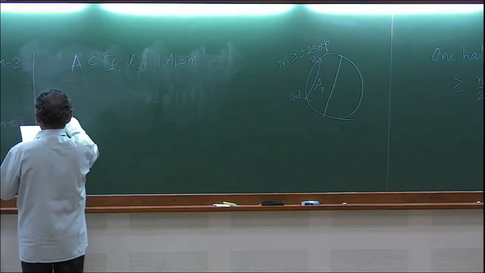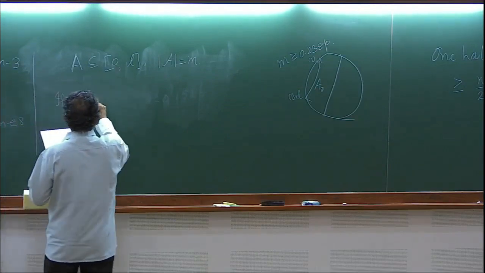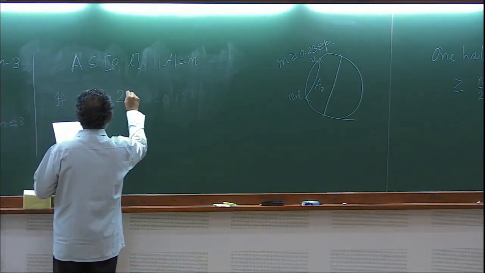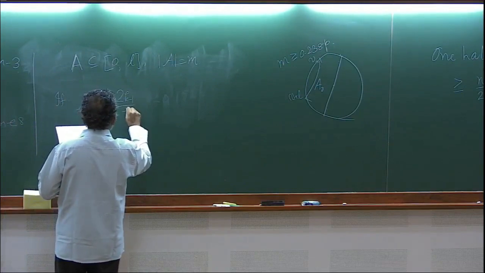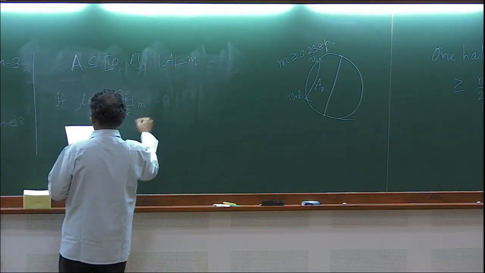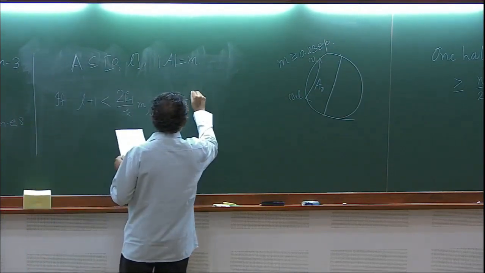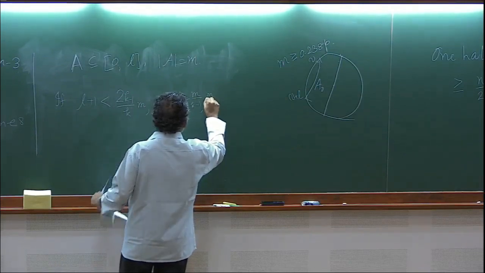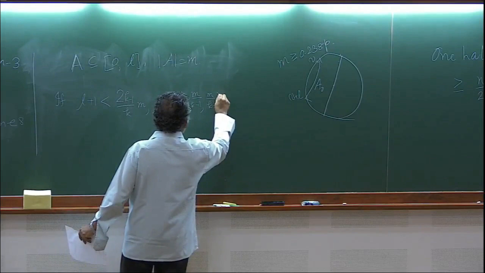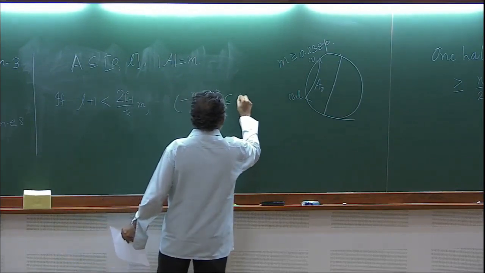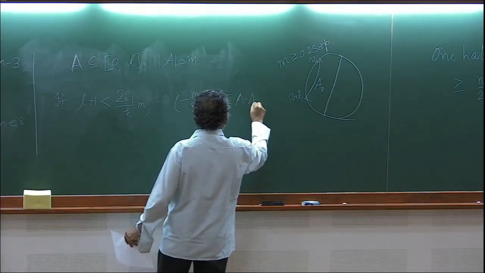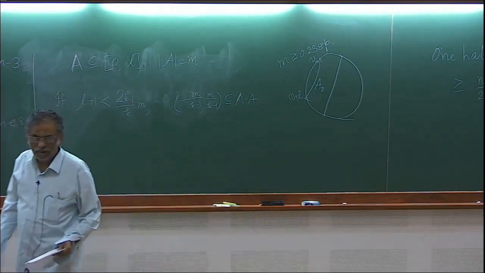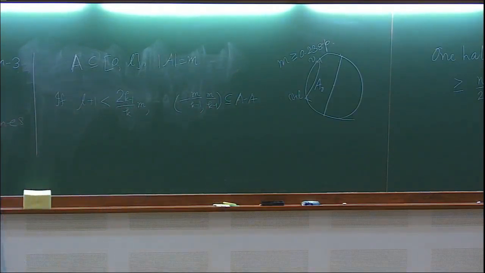Then if L plus 1 is less than (2k minus 1) divided by k times M, then minus M over (k minus 1) to M over (k minus 1) is contained in A minus A. And this result is classical, and therefore I won't bother to prove that.